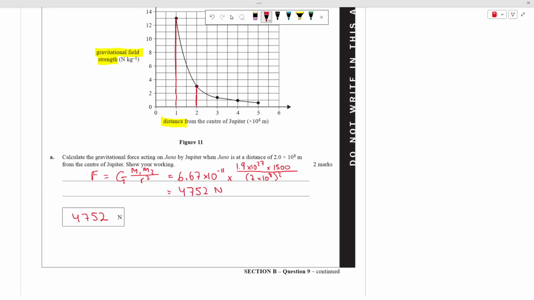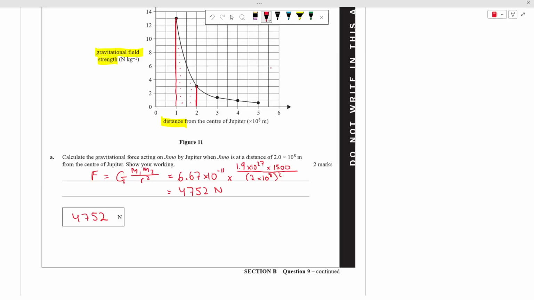So let's be careful. 1, 2, 3, 4, 5, 6. The way I tend to do this is if the area is more than half, count it as a full square. If the area is less than half, don't count it as a square at all. So this would be 1 square. This would be 1, 1, 1, 1, 1, 1.